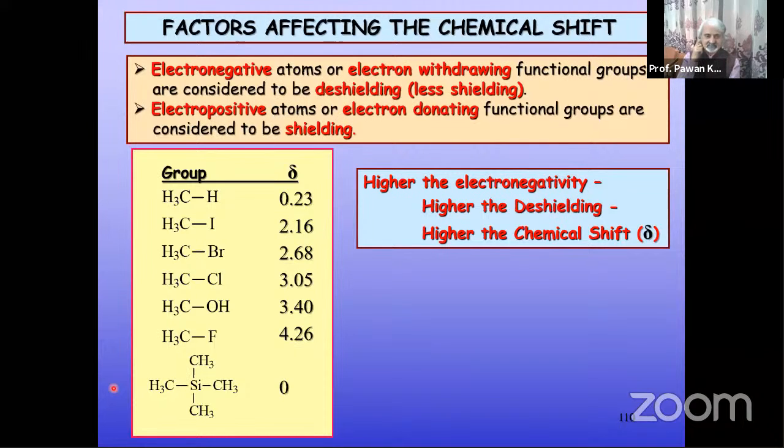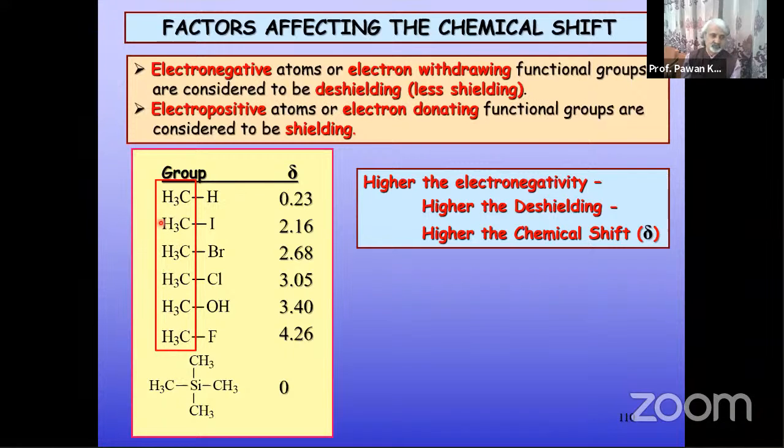So the higher the electronegativity, the higher the de-shielding, the higher the chemical shift. If you look at the ppm values for these three methyl hydrogens, as the electronegativity of the attached atom or group increases, the chemical shift in ppm also increases.